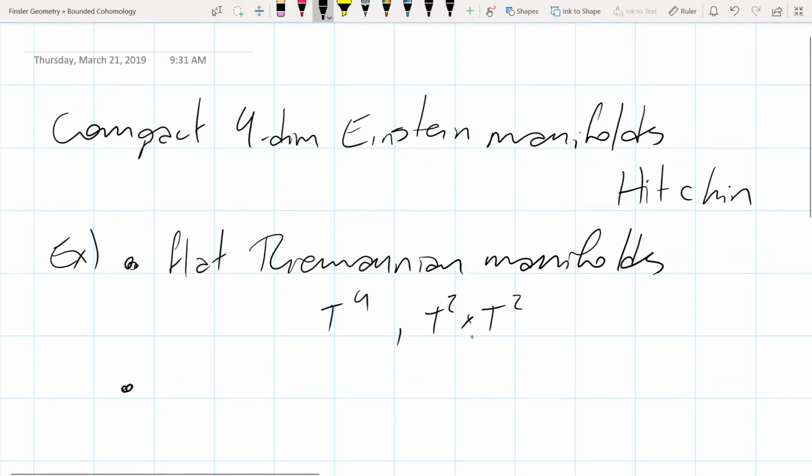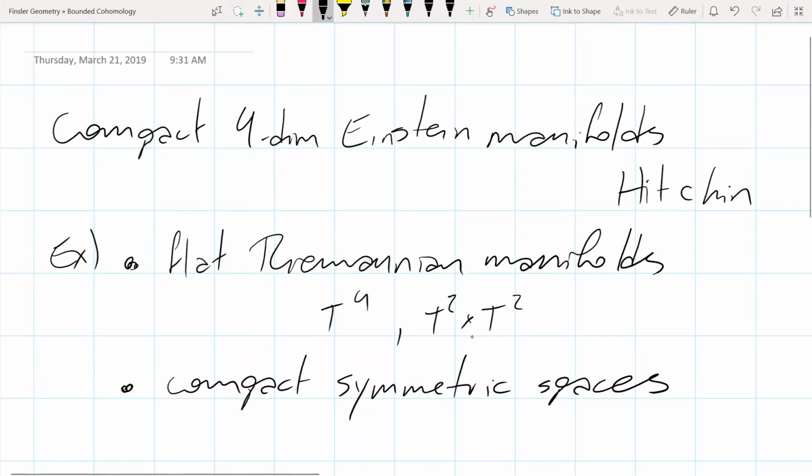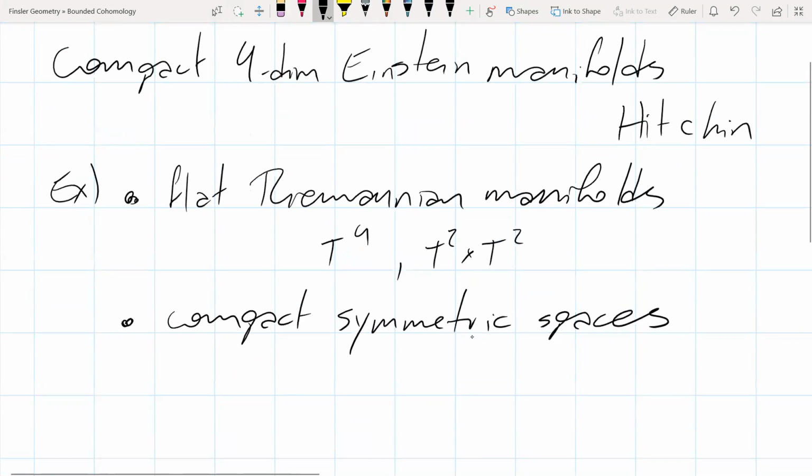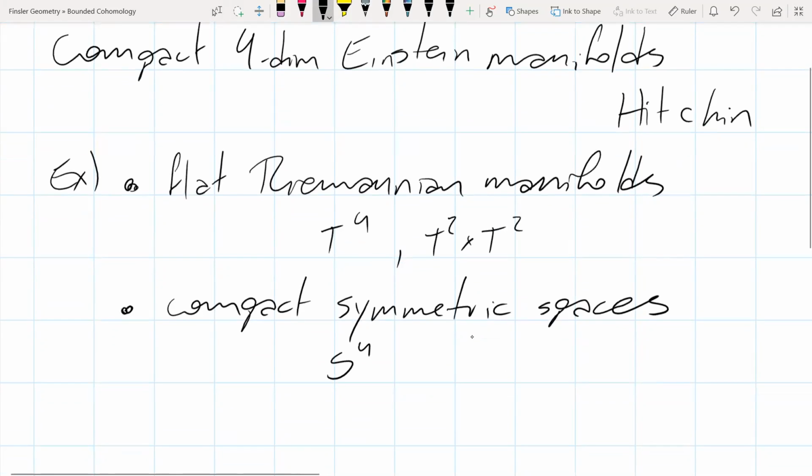The second is compact symmetric spaces. So you're thinking about spheres, a 4-dimensional sphere, or the Cartesian product of spheres, or projective spaces.